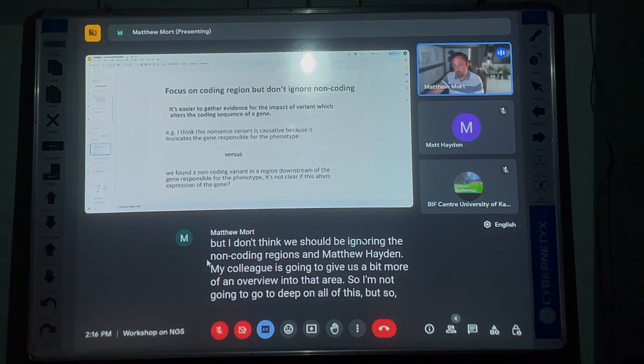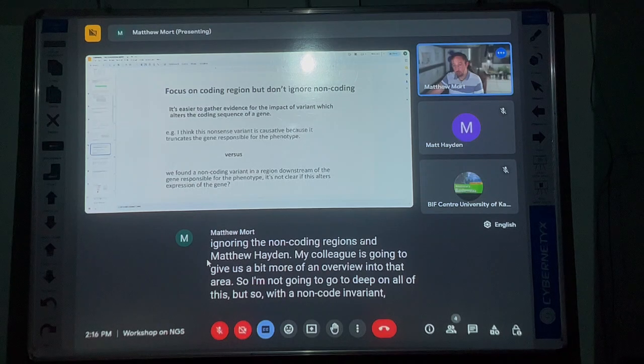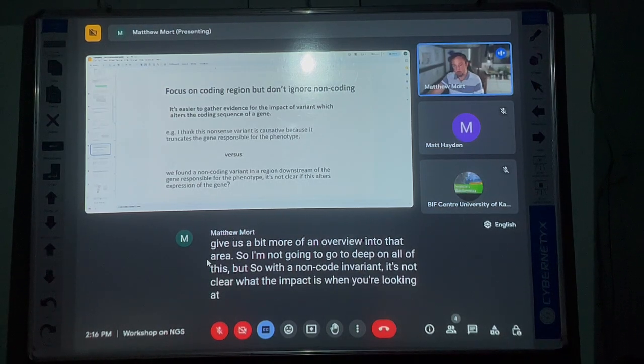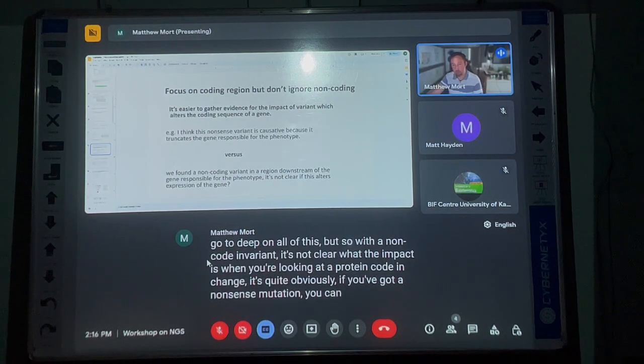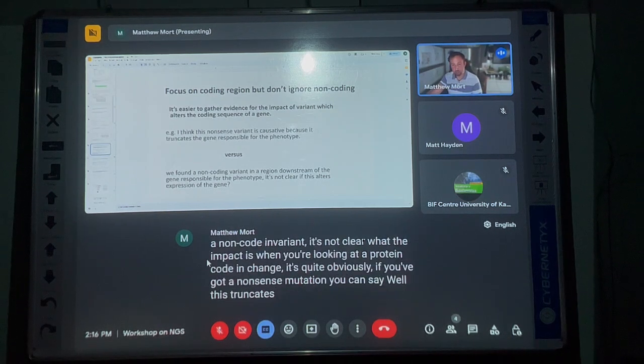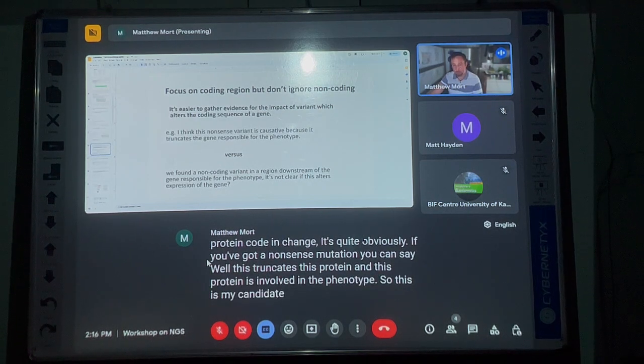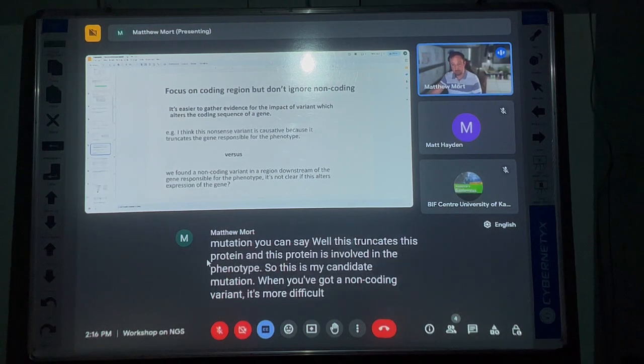With a non-coding variant, it's not clear what the impact is. When you're looking at a protein coding change, it's quite obvious. If you've got a nonsense mutation, you can say, well, this truncates this protein, and this protein is involved in the phenotype, so this is my candidate mutation. But when you've got a non-coding variant, it's more difficult to see the impact.